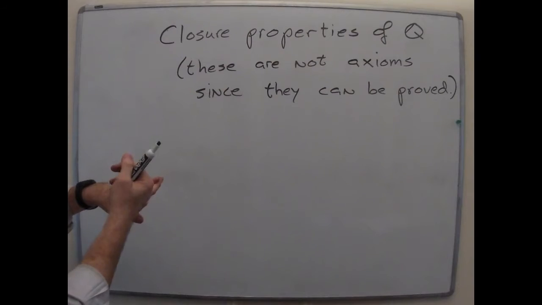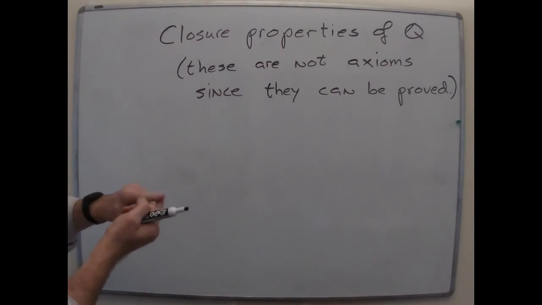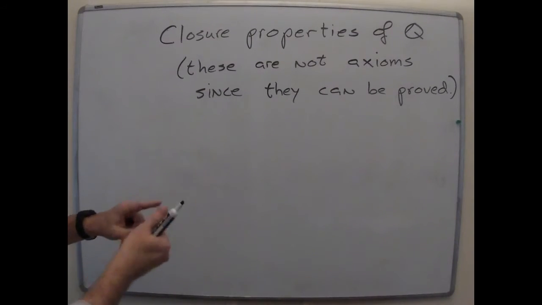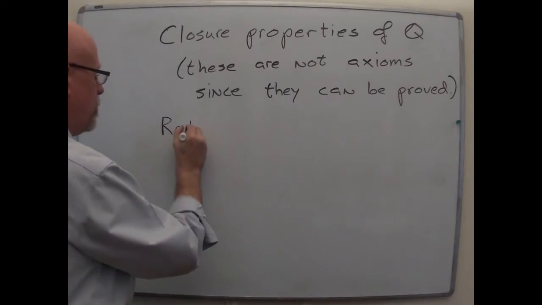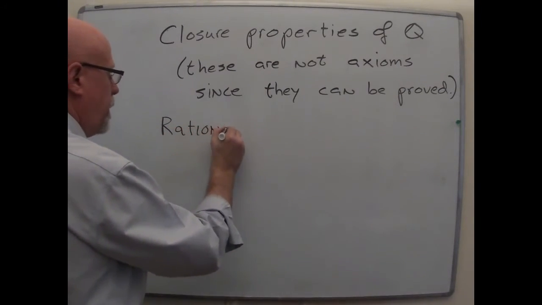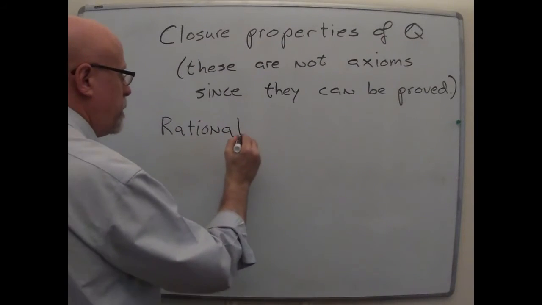The rationals are closed under addition. The rationals are closed under multiplication. Let's say them all at once. Rational numbers are closed under adding, subtracting, multiplying, and dividing.